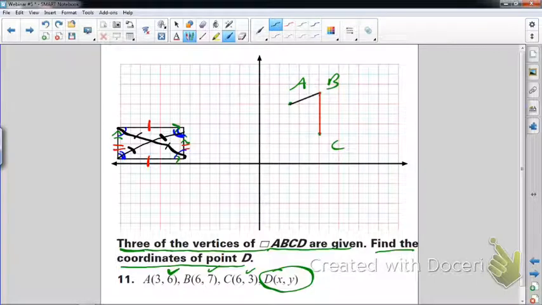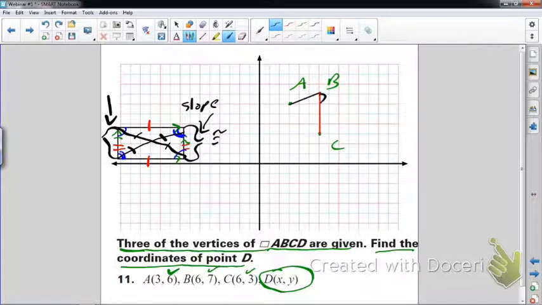So that's very important for me because I'm going to take that information of having this side be congruent to this side here into consideration. Now, if I can figure out the slope of this side, I can mirror that slope and use it on the left-hand side. That's all I'm going to do. If you look at this, this is a vertical slope.